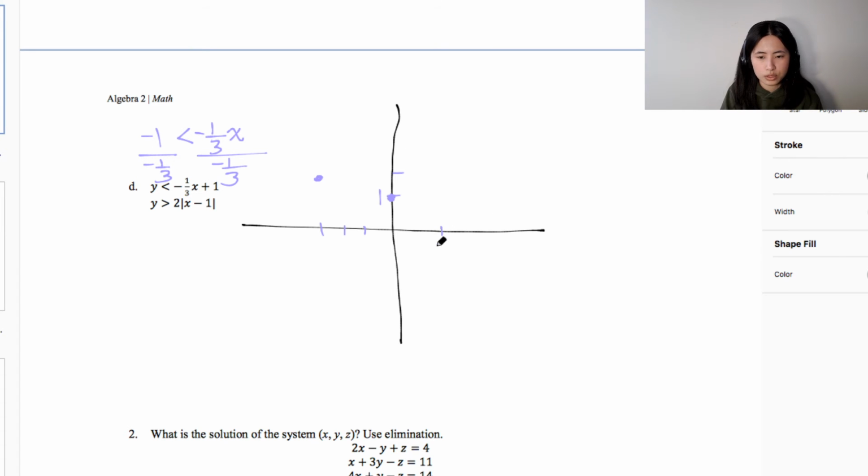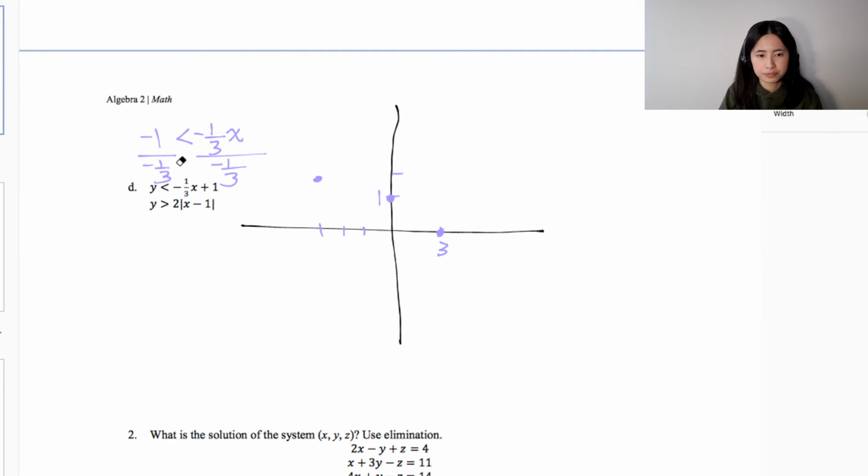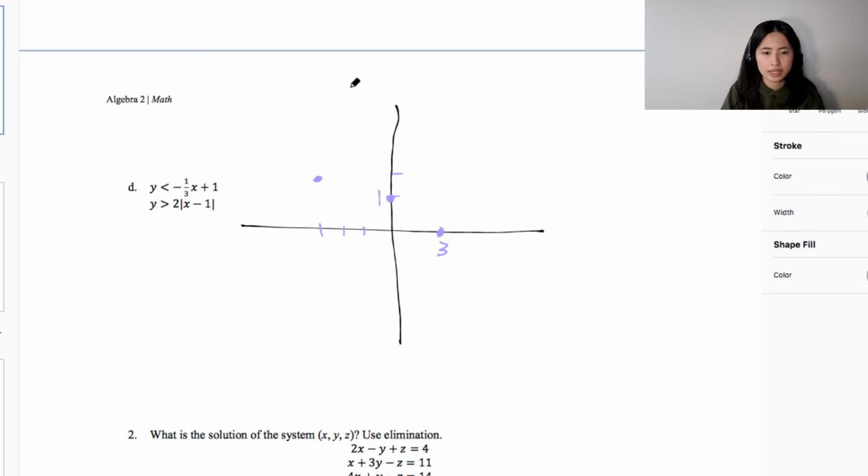So x is equal to 3. So that's your x-intercept. That confirms that your graph needs to look something like this, and again, these are passing through (0, 1) and (3, 0).